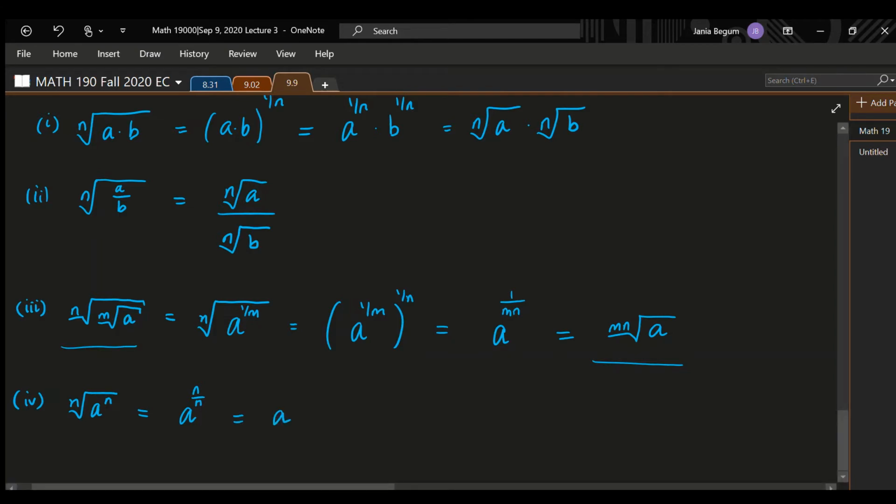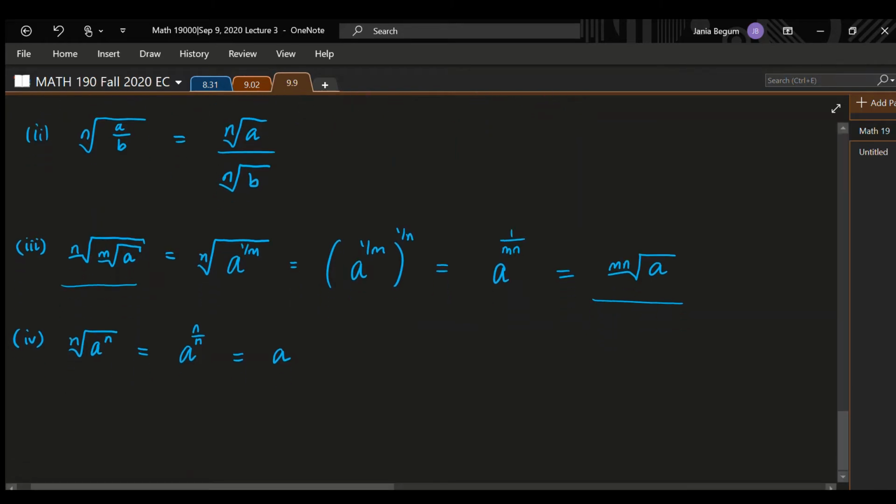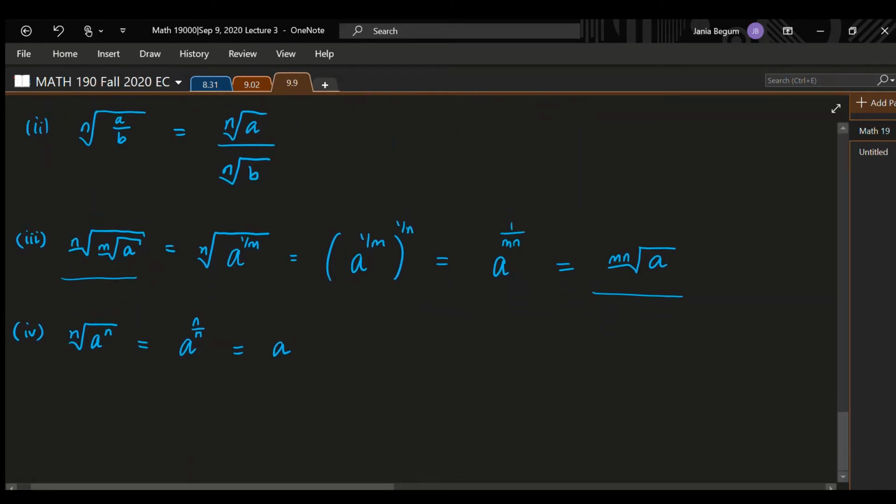Now there is a little confusion with this if a happens to be negative. So if a is negative and n is even, you want to make sure you put an absolute value. So this rule is something to keep in mind, but it's not something we use pretty often. So just write this as a remark.